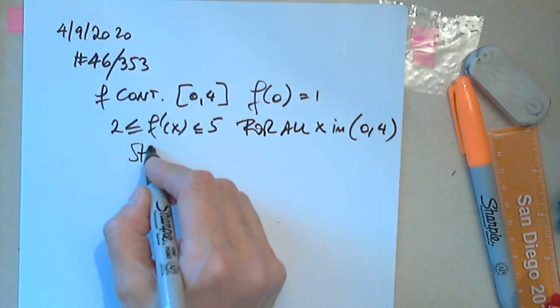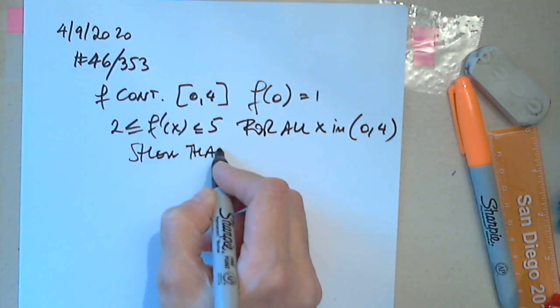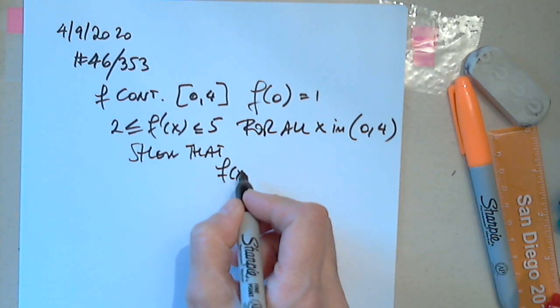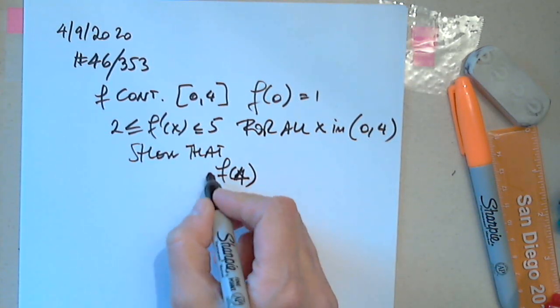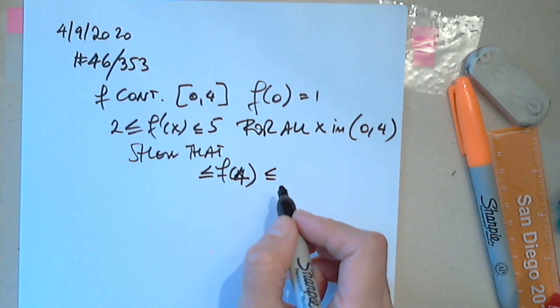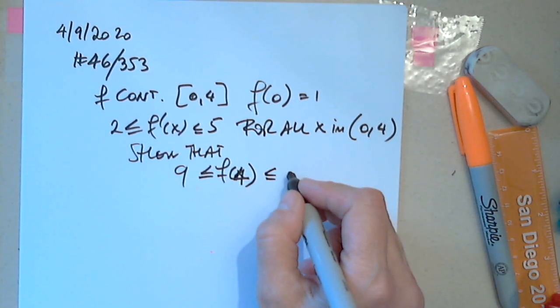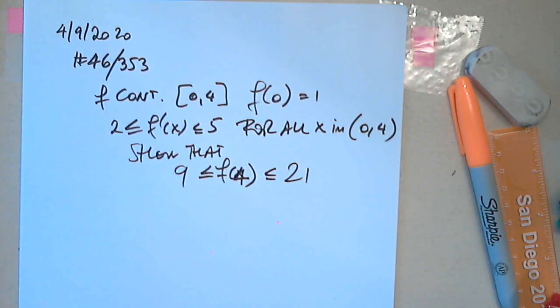Show that f of 4 is bounded by 9 from below and 21 from above.